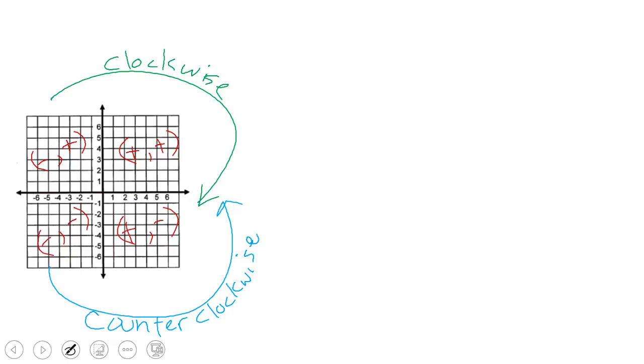Outstanding. So now there's 3 types of rotations that we have to know. The first one is a 180-degree rotation. If I rotate 180 degrees, there's a couple things that happen. 1, the coordinate numbers stay the same. So anytime I talk about coordinates, I'm only talking about their numbers.